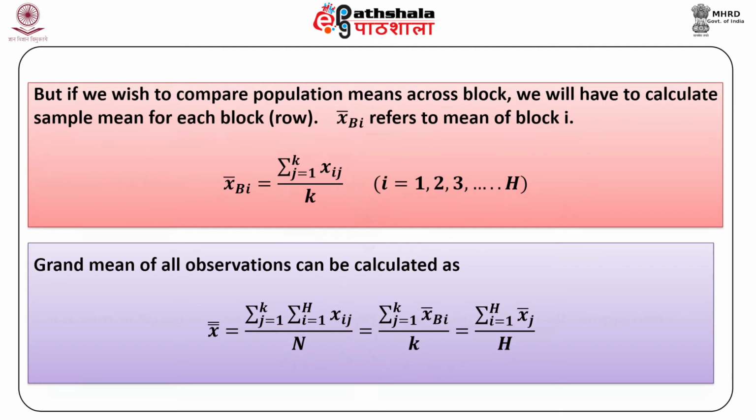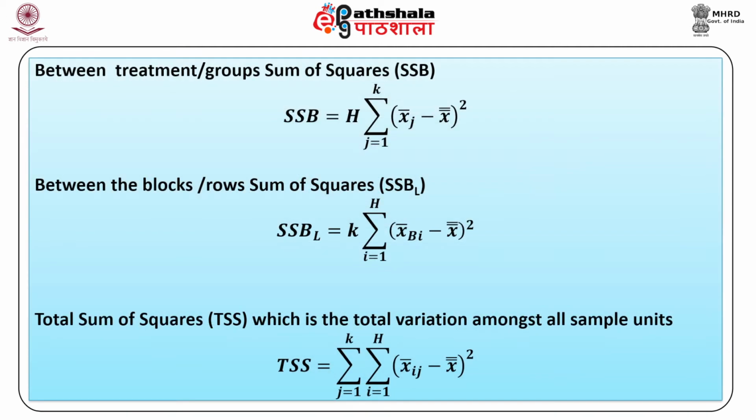In two-way ANOVA, there are 3 sources of variation, namely the between treatment or groups sum of squares denoted as SSB, and this SSB is equal to H into the summation of Xj bar minus X double bar, whole square, where J varies from 1 to K. Our second source of variation is between the blocks or rows sum of the squares, written as SSBL.